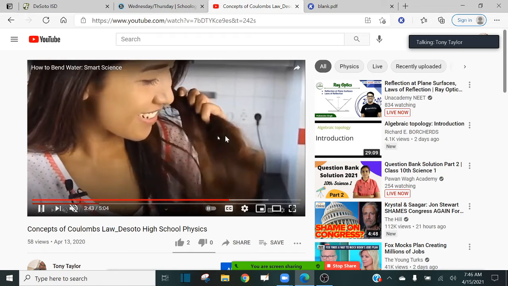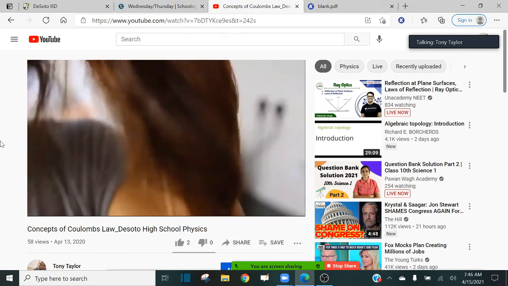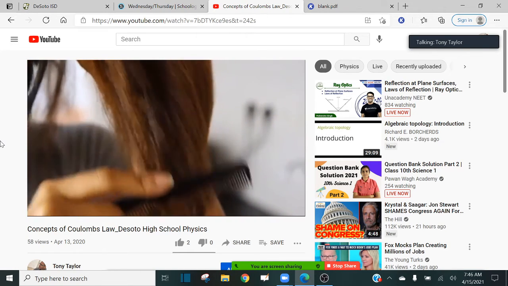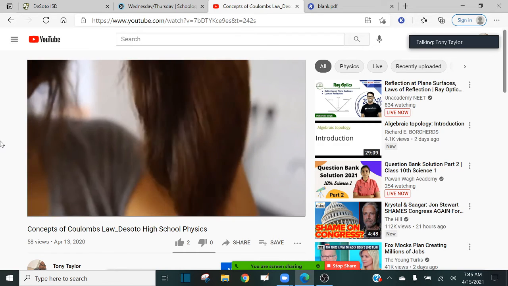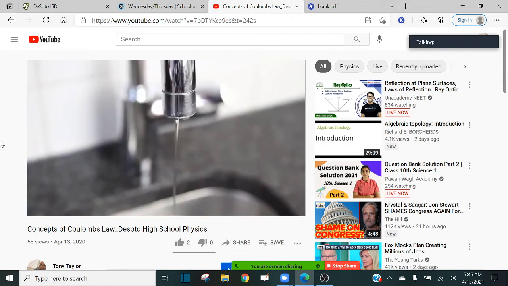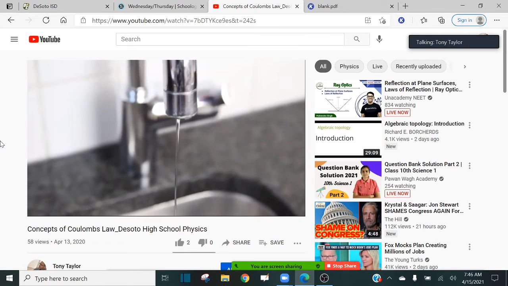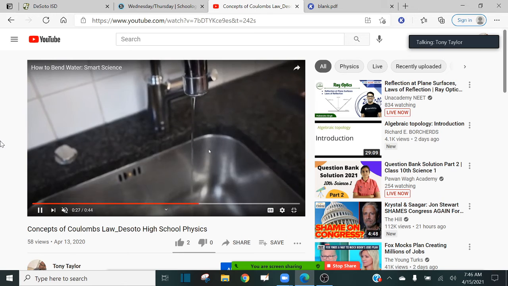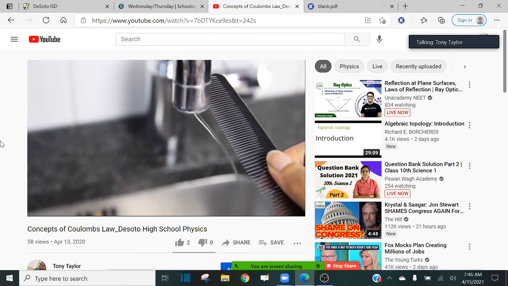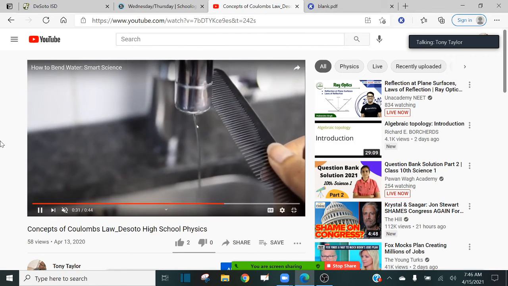So notice, she's combing her hair. Now, in just a moment, watch what happens when she places this comb next to a stream of water. This is really cool here. Notice. Ooh, did y'all see that? Notice how as she placed the comb next to it, the water actually bends.